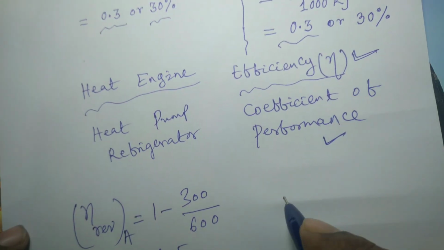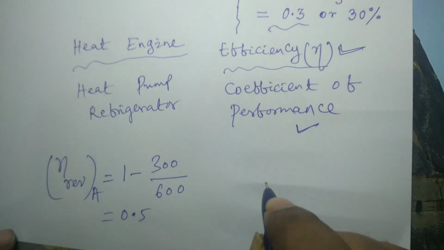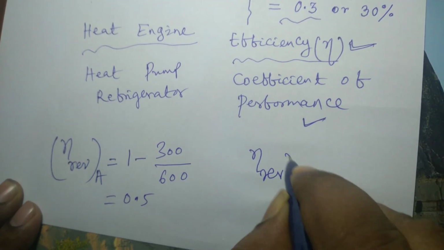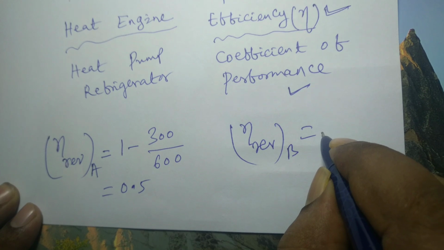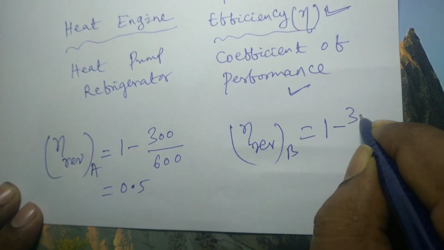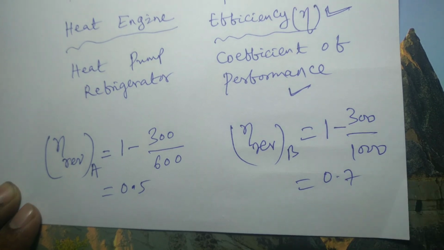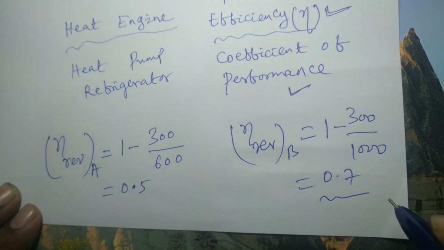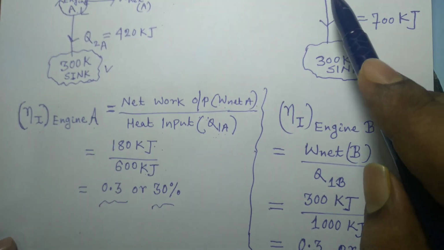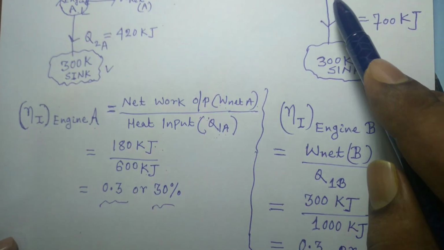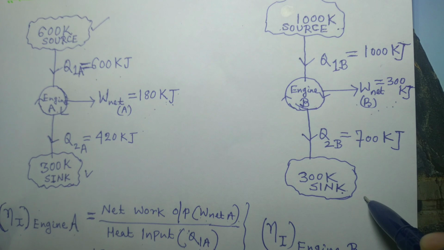And as far as the reversible engine B, the efficiency of reversible engine B is equal to 1 minus 300 divided by 1000. This is 0.7. So in place of 70%, the actual engine B, which is not reversible, is operating with an efficiency of 30%.